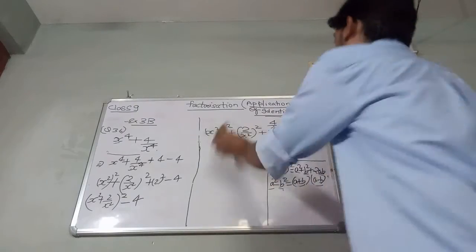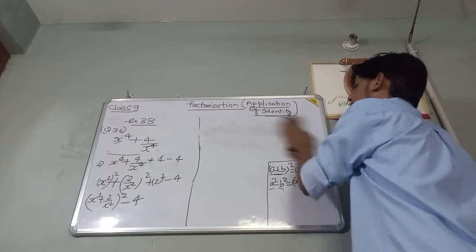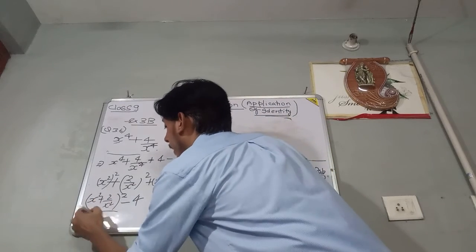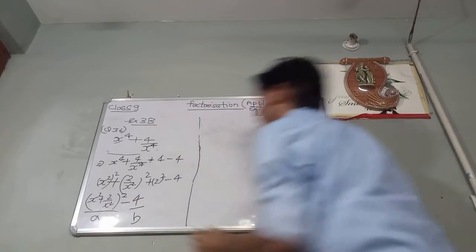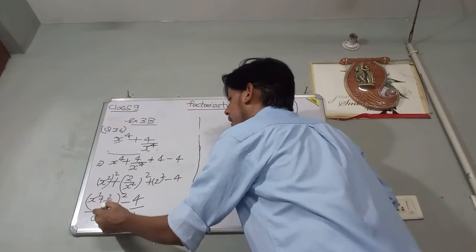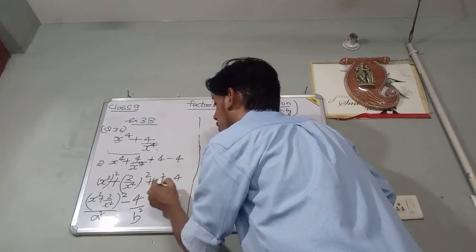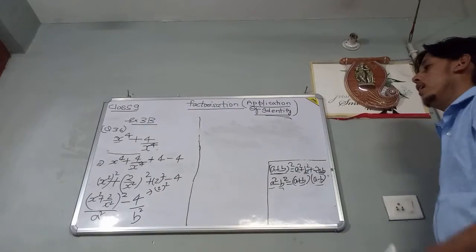Now let's move further. Now here, if we take this as a and this as b, then it is a square minus b square, that is 2 whole square, correct?